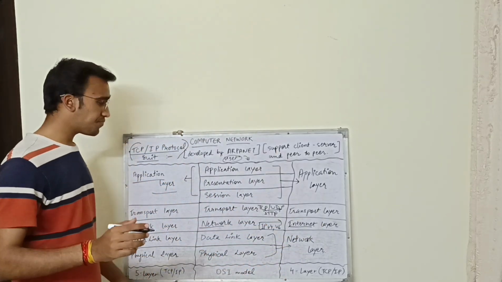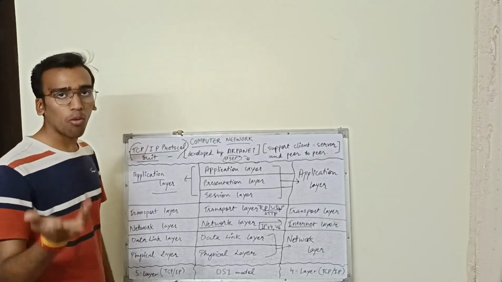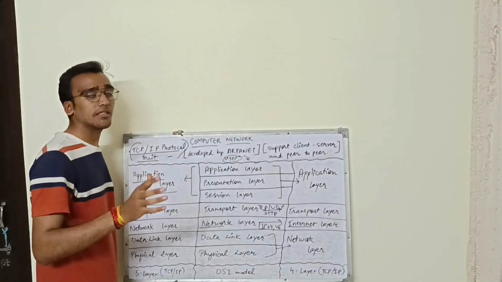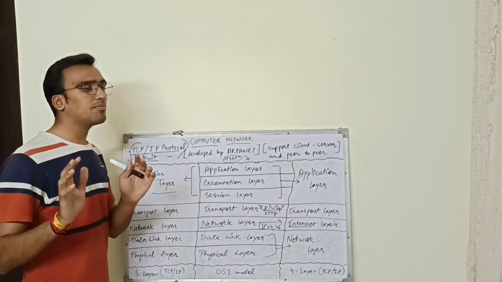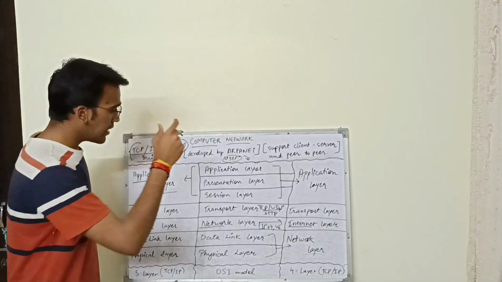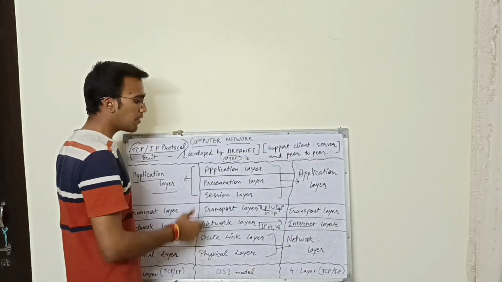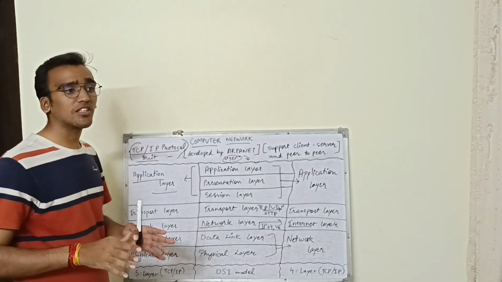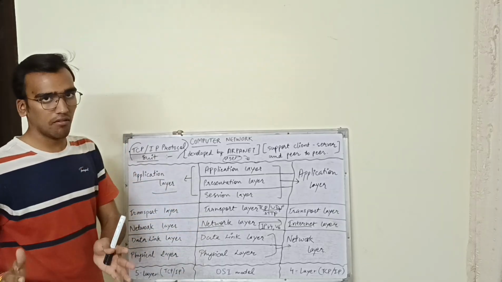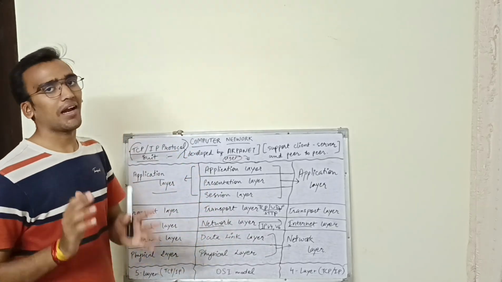These are all the same. But the most important thing in terms of exams is the 4-layer TCP/IP protocol, because the basic difference between the OSI and the TCP/IP model is that one works theoretically and the other practically. The OSI model is developed in a theoretical way, but the 4-layer TCP/IP protocol is developed for practical use.